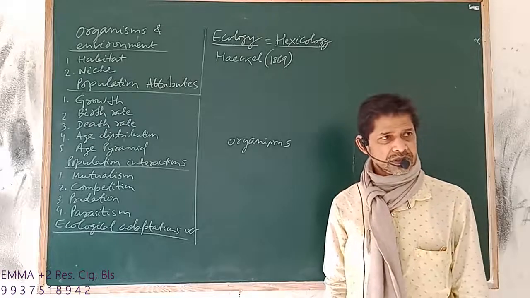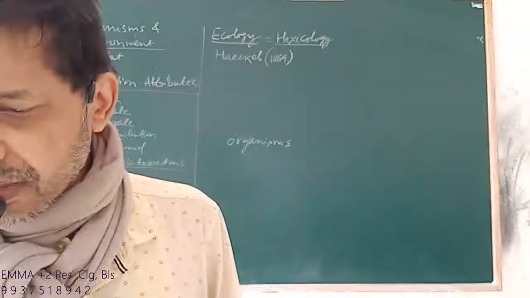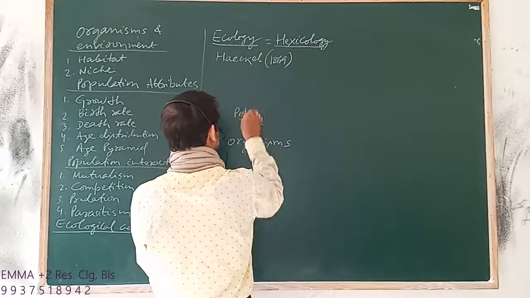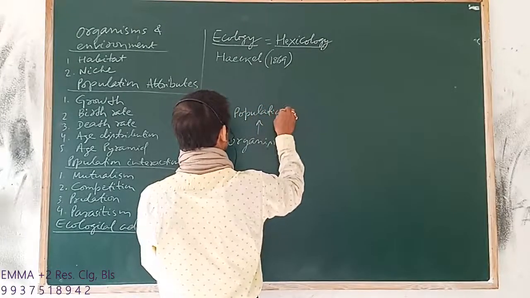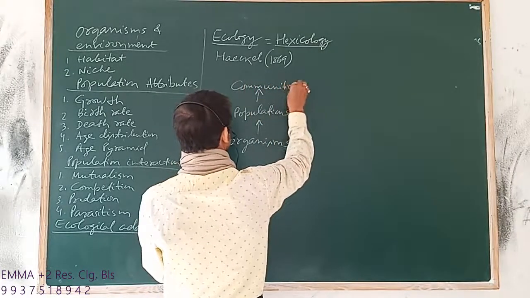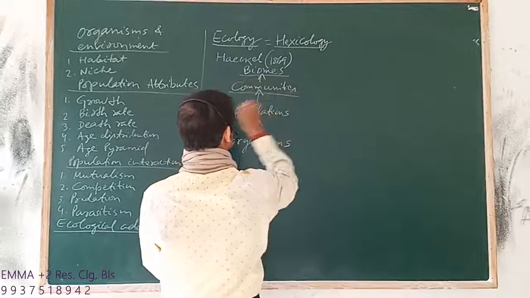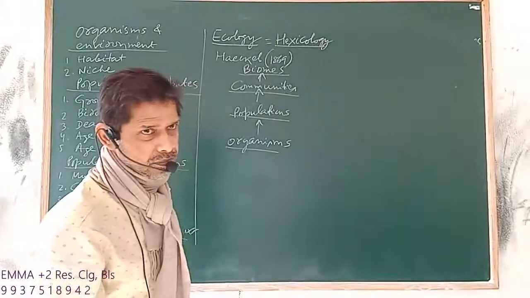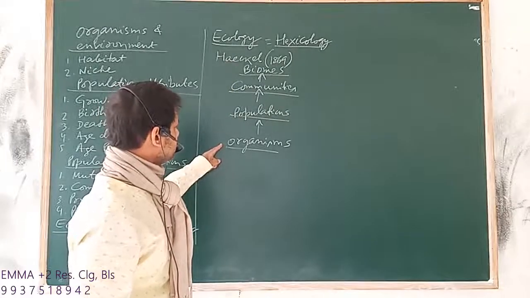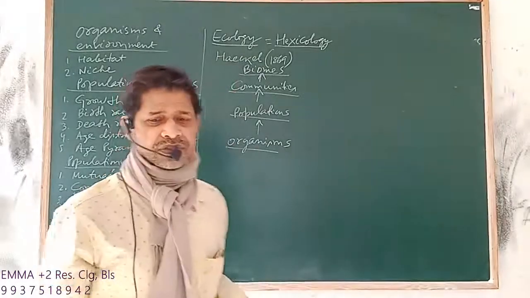So under ecology, we study 4 levels of biological organization, that is organism, population, then communities, then biomes. So under the subject ecology, we have to study all these levels of biological organization.